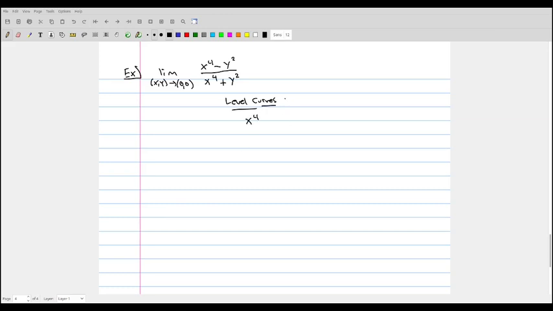Alright, when we fix a value of the function, z equals c, so the output is equal to c, x to the fourth minus y squared over x to the fourth plus y squared is equal to c. We can rewrite this as x to the fourth minus y squared is equal to c times x to the fourth plus y squared.